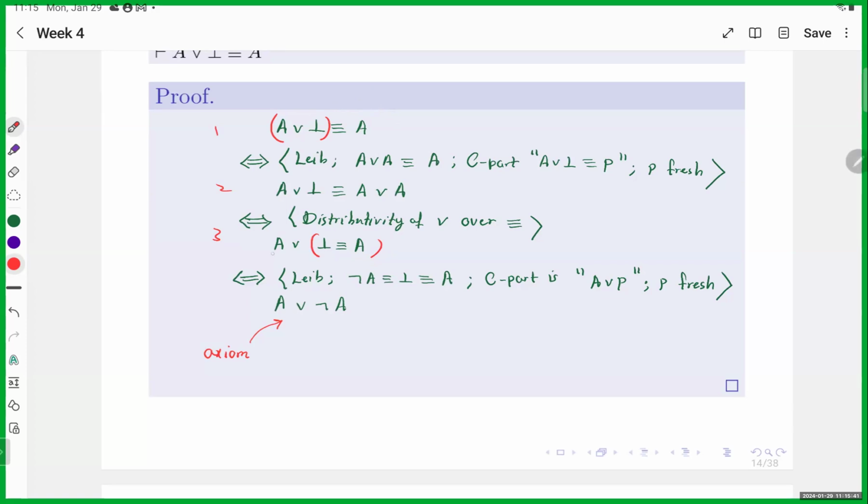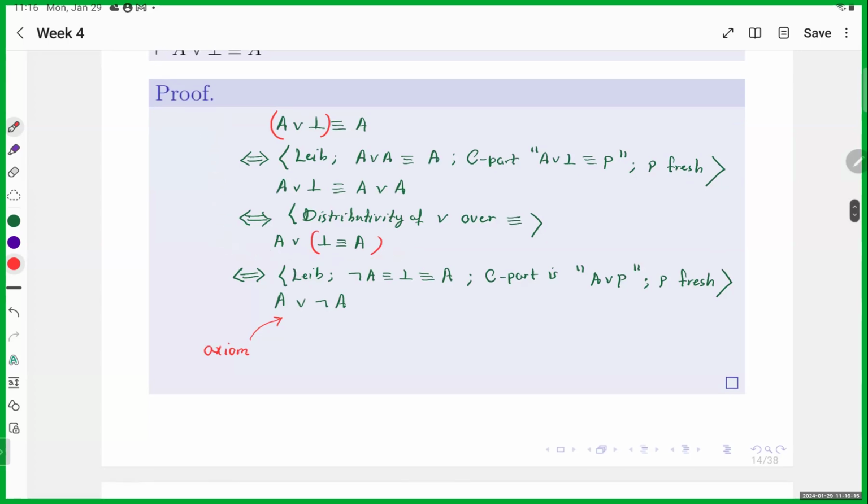There's a formula that says A or bottom is equivalent to A, but these three steps show us that these are equivalent. In general, I didn't know this, right? It actually took me a second to realize what you meant, and I think what the other student meant. But in general, you should be careful where you place your brackets.